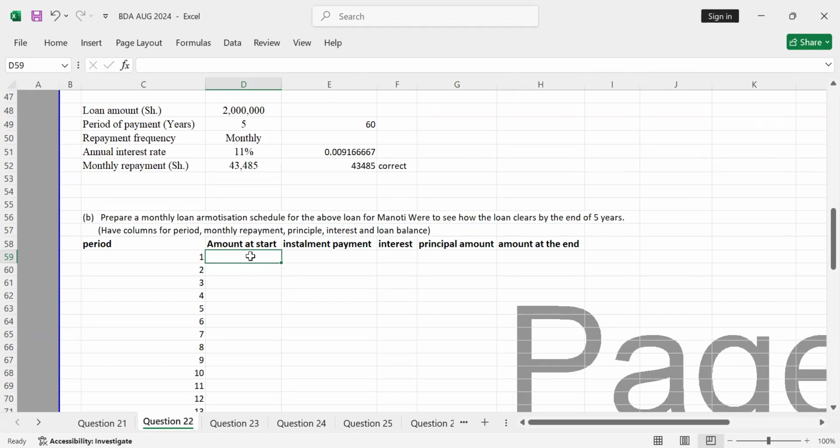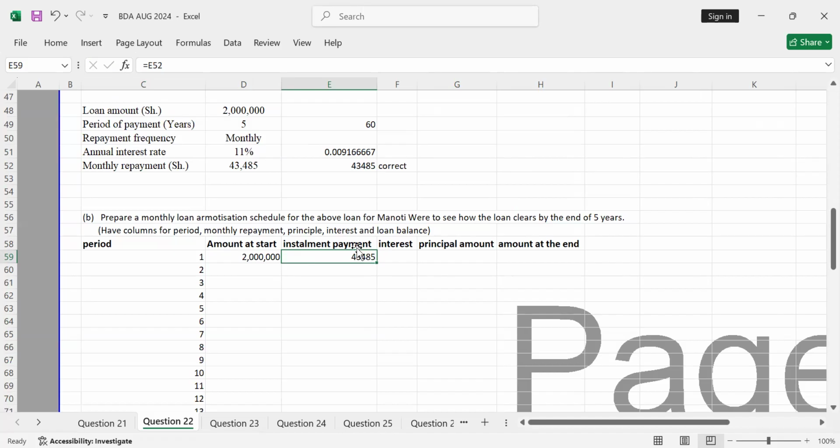So in our case, we know the amount borrowed here was 2 million. So I will have the amount there as the amount at the start. The installment payment is this amount, paid each and every period. Interest will be given by, now that the installment payment is going to be constant all through, from period 1 to period 60, we can lock on that.